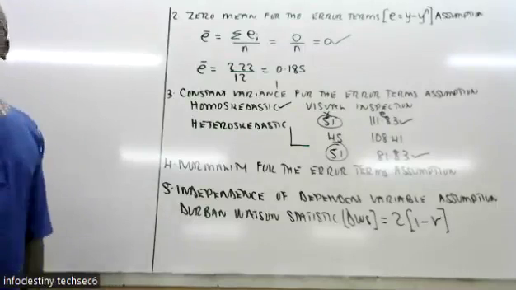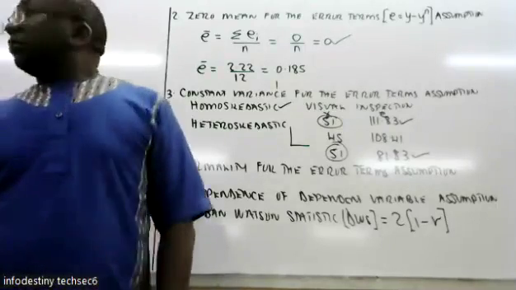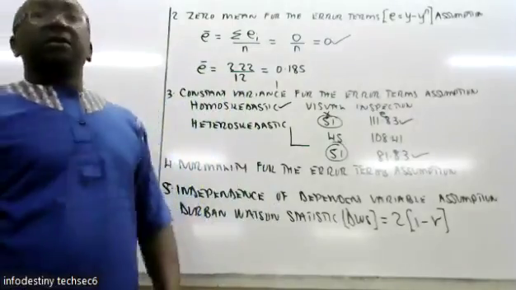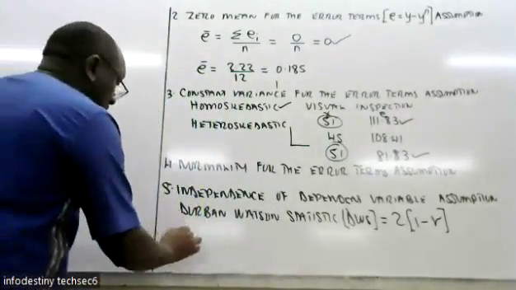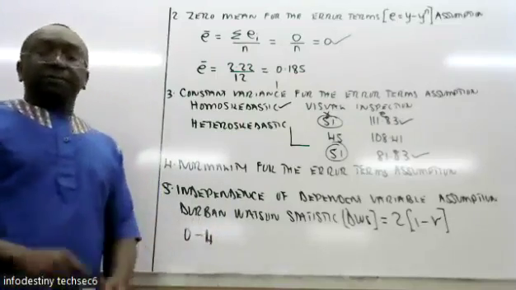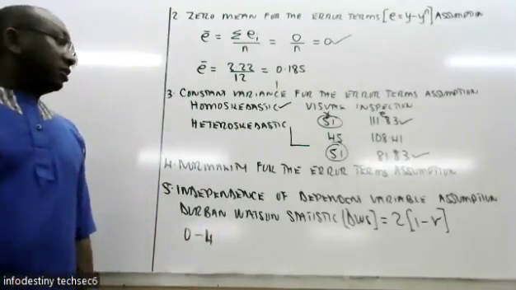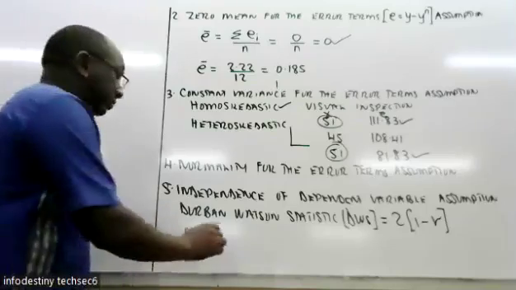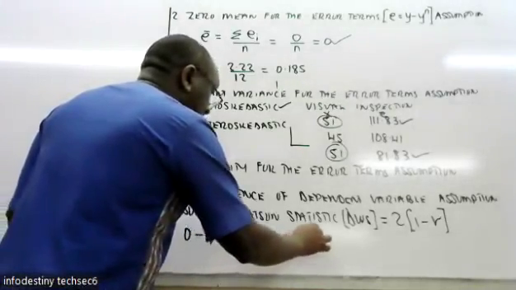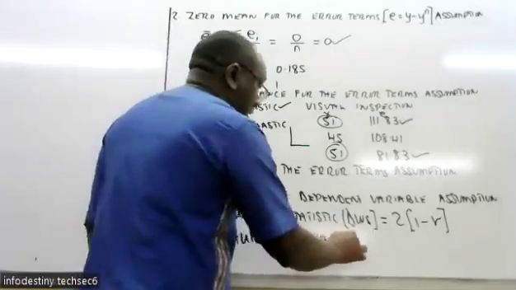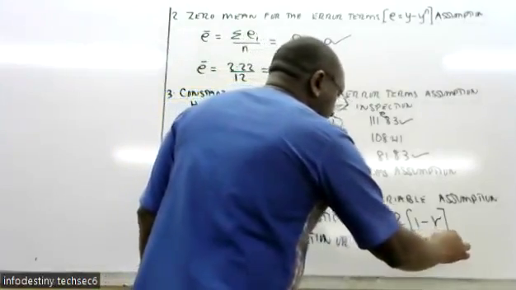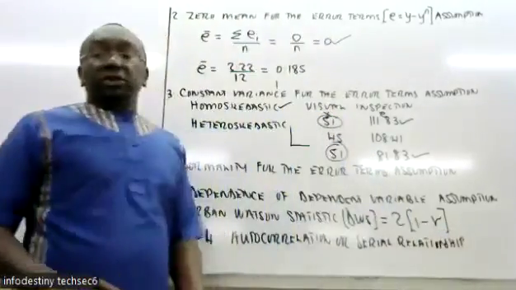Then we write that if the computed value is in the range of 0 to 4, it means there is no autocorrelation or serial relationship.